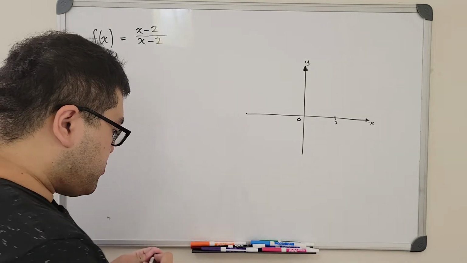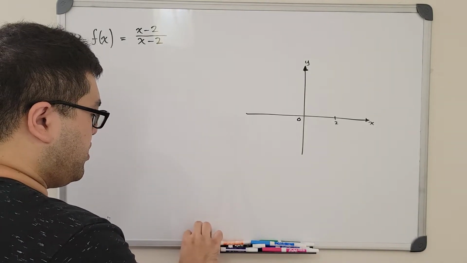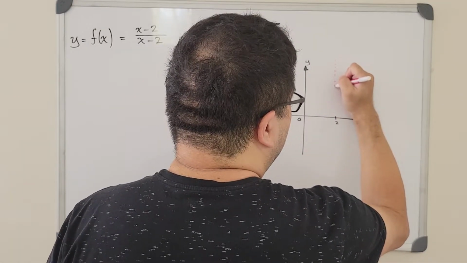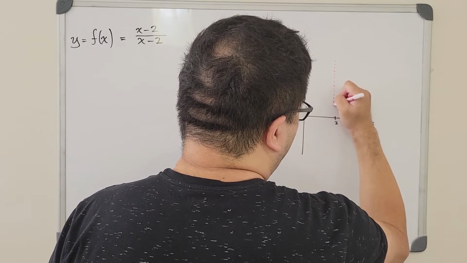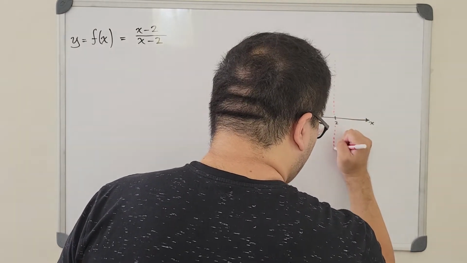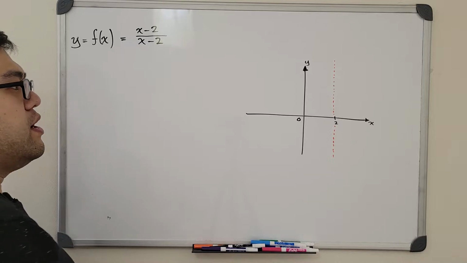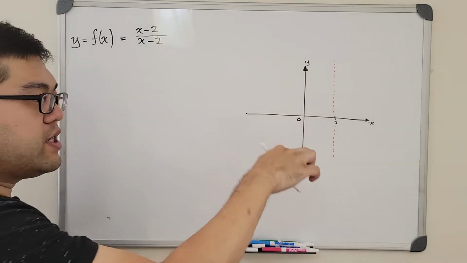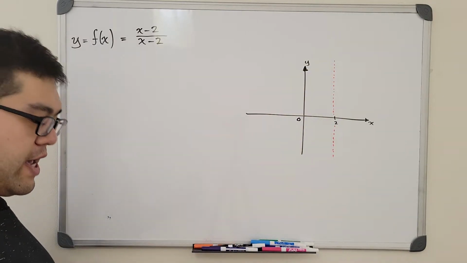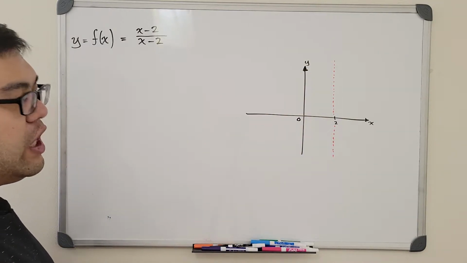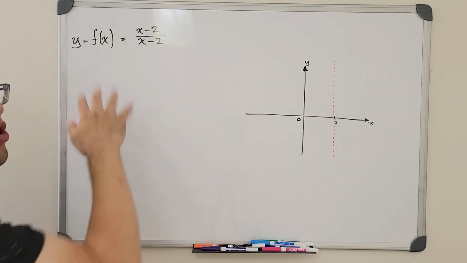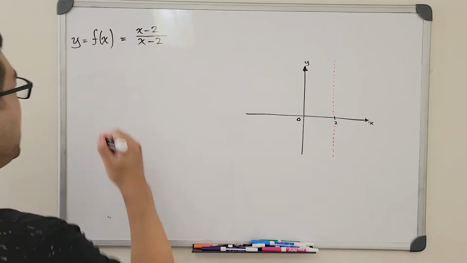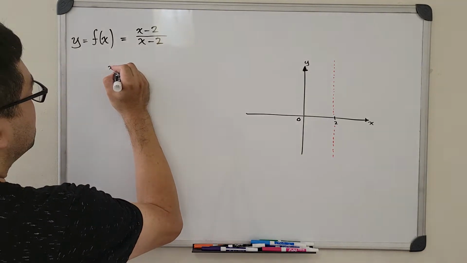Then we're going to draw a vertical line, x equals 2 here, to keep in mind that when we are graphing this function, when it passes through this vertical line, we have to leave a gap, because again, there's no y value that can satisfy here. So we know that x cannot be equal to 2 in this case.